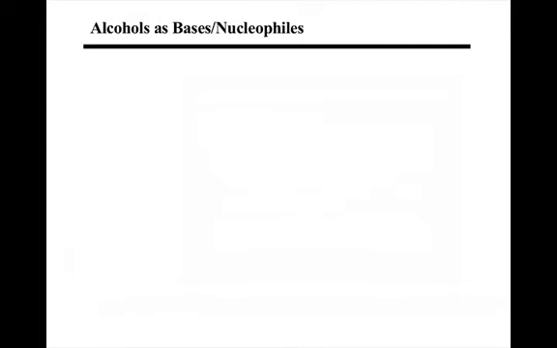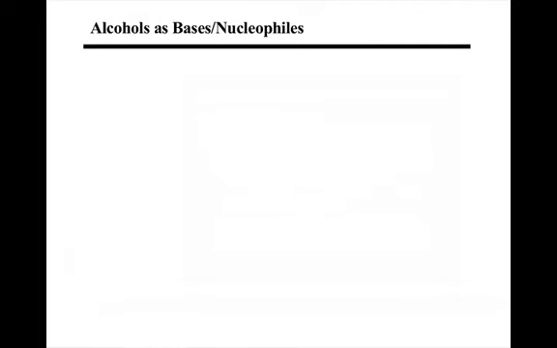So now we need to start talking a little bit about alcohols functioning as bases and nucleophiles. Why can an alcohol also function as a base or a nucleophile? Okay, what about it though? You're right, you've got the OH, but what about the OH makes it a base or nucleophile?